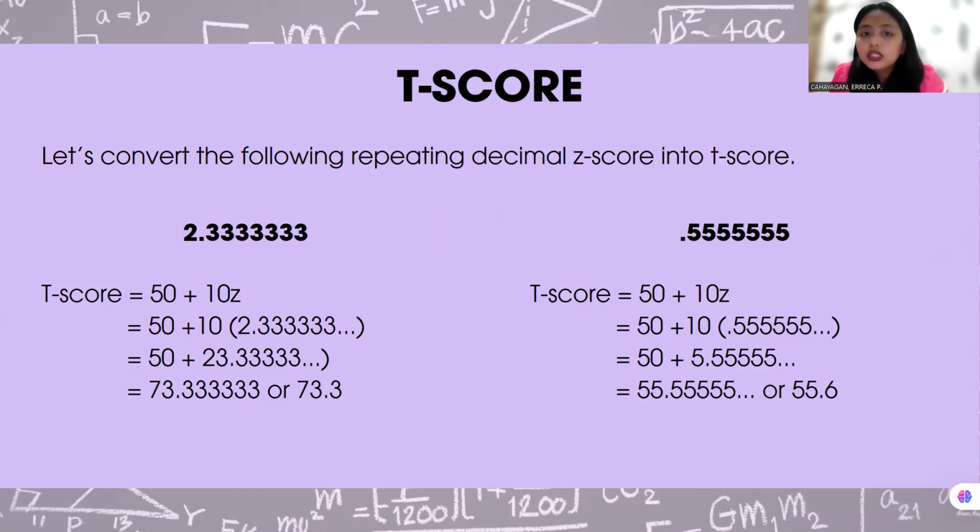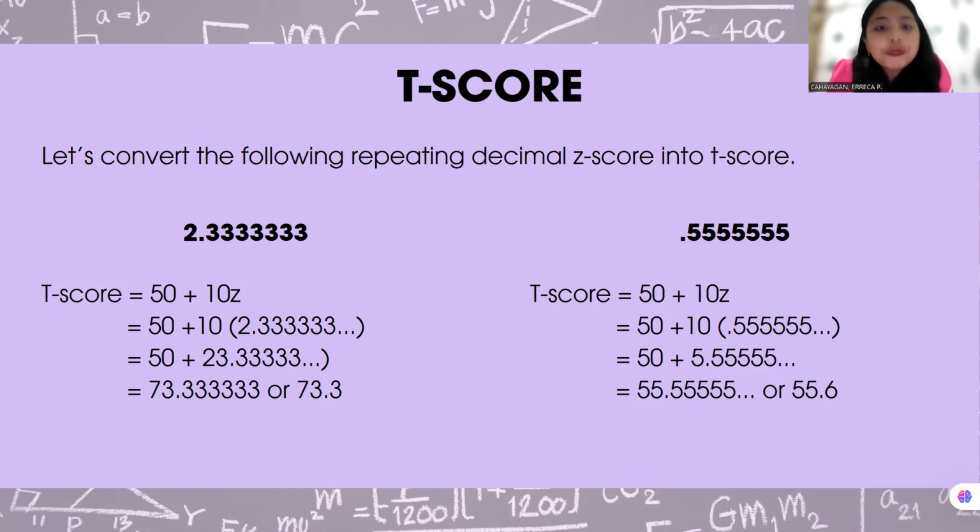Rounding a T-score into a whole number makes the measurement less accurate and precise. Since the T-score is designed to provide a standardized and sensitive measure of performance, even small decimal differences can be meaningful.